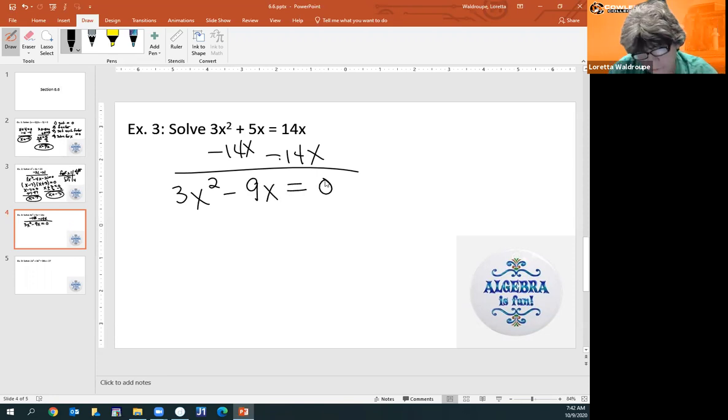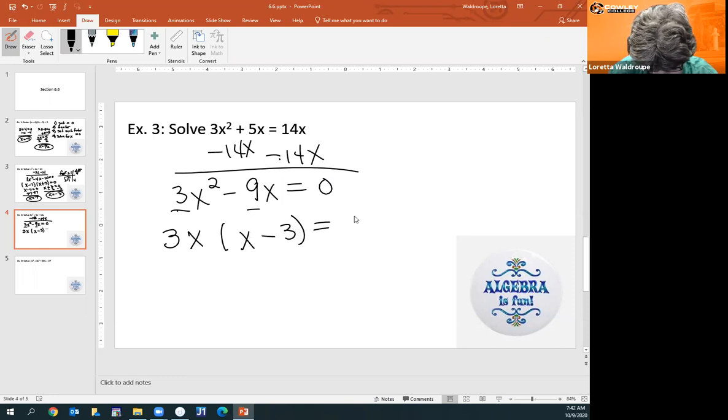And this one doesn't have 3 terms like the others did. It only has 2. So I want to look for a common factor. 3 and 9 have a 3 in common, and then I have an x in both of them. So if I divide by 3 and take out an x, I'm left with x minus 3.